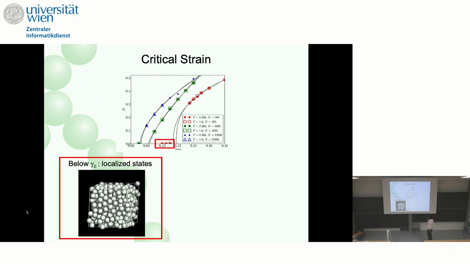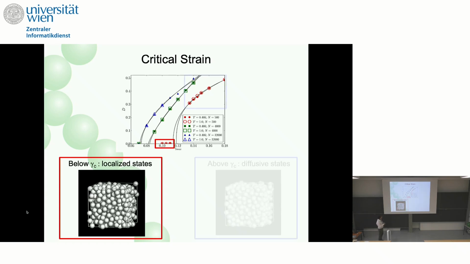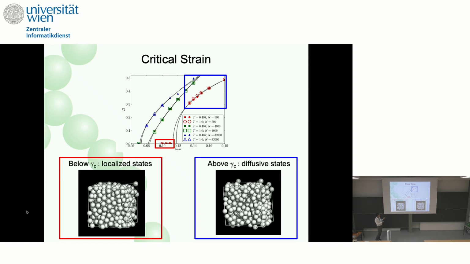Below that, the system lives in localized states, or as Stefano referred to them, plastic localized, plastic reversible states in which you go back and forth and rewind your configuration. Above that, you remain in a diffuse state in which the diffusivity remains finite. So you have this transition from what is sometimes called an absorbing to a diffusive state.